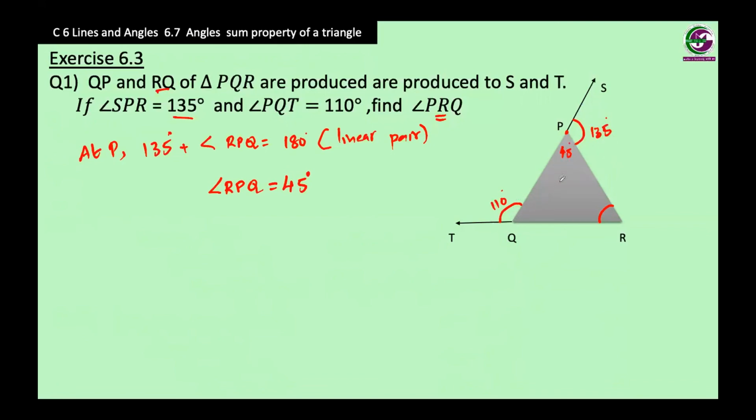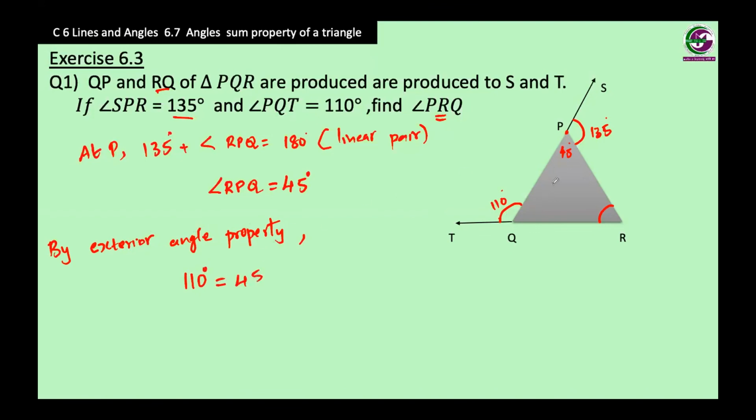Now the next part is to find angle R. By exterior angle property, angle R plus 45 degree will give you the exterior angle. So by exterior angle property, we will get the exterior angle is 110 degree. 110 degree is equal to 45 degree.